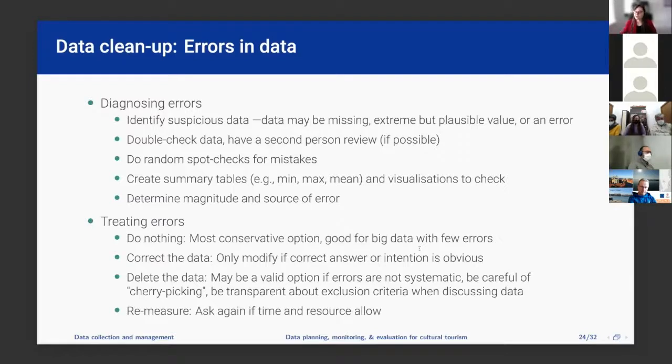It can be a valid option if the errors are not systematic. You have to be careful about cherry picking the data in this case, even if you're not cherry picking it intentionally. When you discuss the data later, you have to be extremely transparent about what data you excluded and why. And in some cases, you may just remeasure if your time and resources allow.